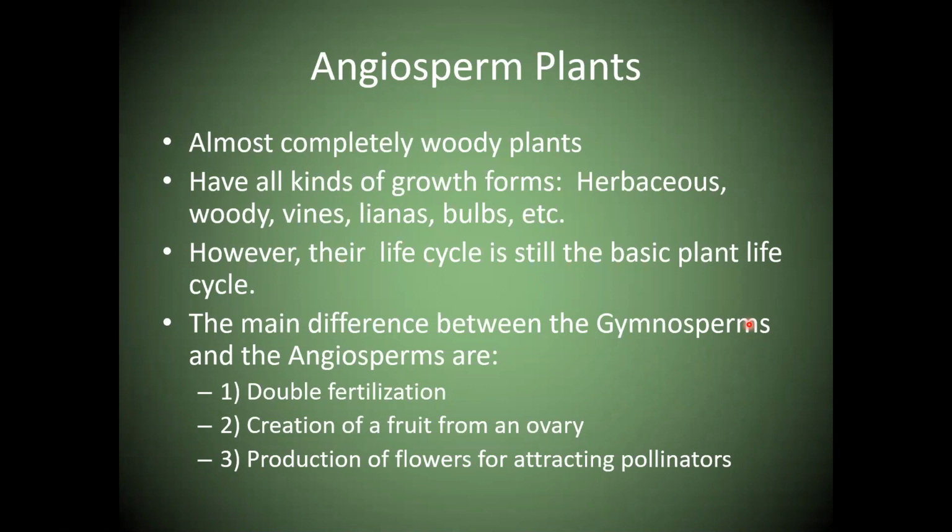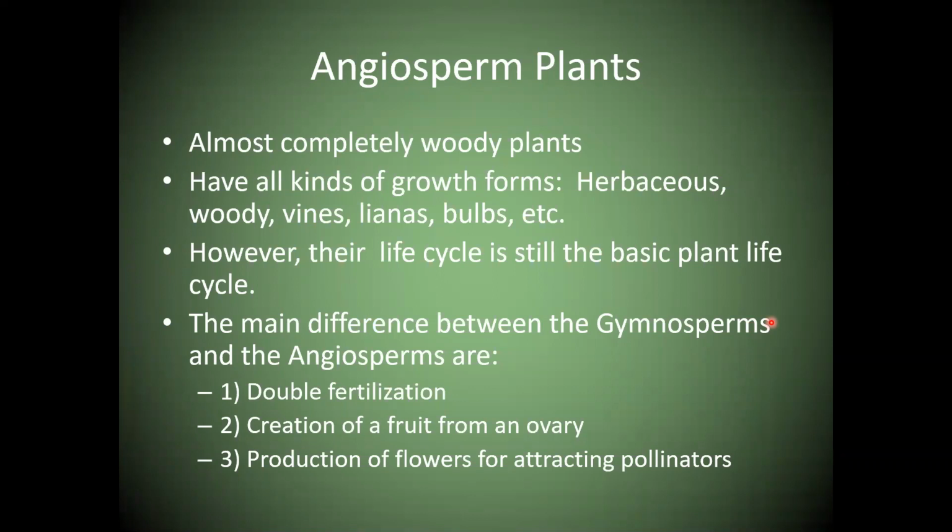I did mention that some gymnosperm reproductive structures appear like a flower, but they are not true flowers because the seeds are literally naked, they are open, right? But in a flowering plant, in an angiosperm, the actual seed is completely protected or covered within a flower, right? So that's actually one major difference.